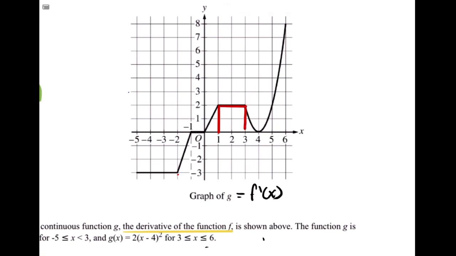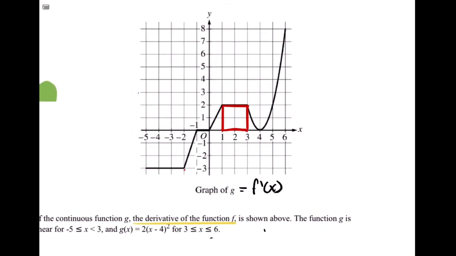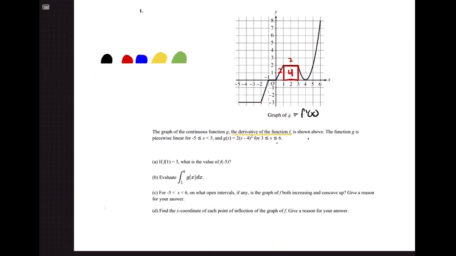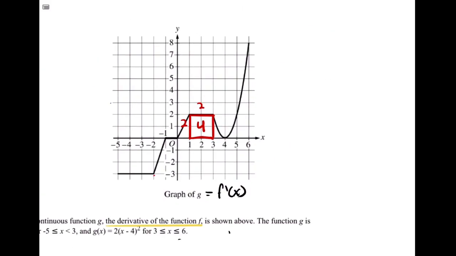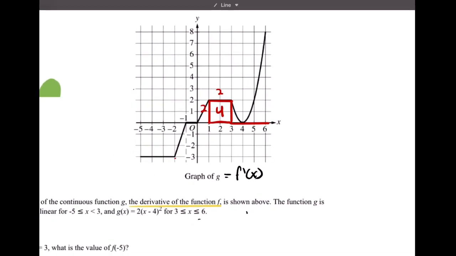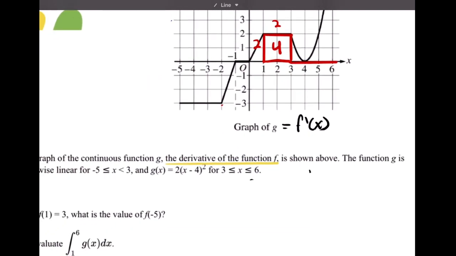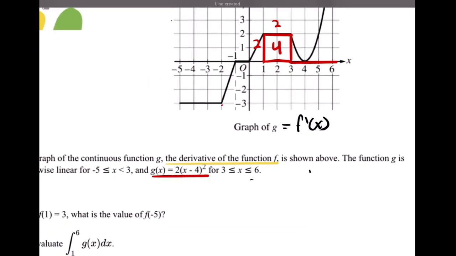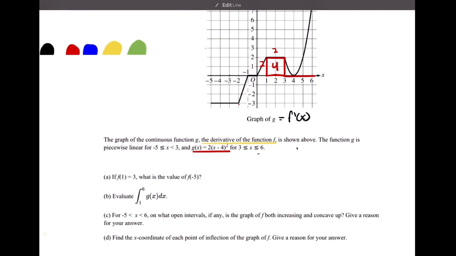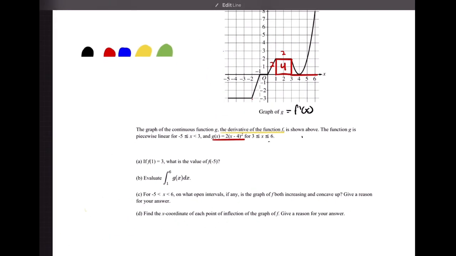From 1 to 3, we can break this into a square, so it would be 2 times 2, which is just 4. And from 3 to 6, it's a bit more complicated. It's a parabola. But luckily, we're given the expression of this parabola, which is 2 times (x minus 4) raised to the second power from 3 to 6.